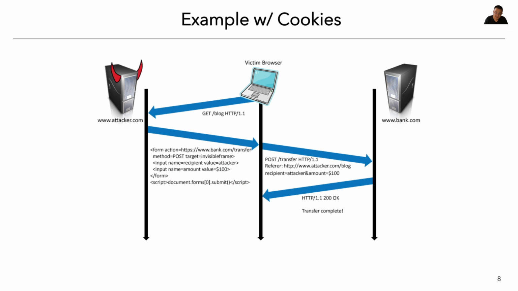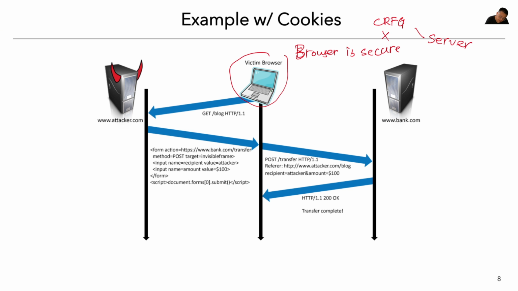Now here is a more detailed look at the example. So here is the victim browser. The browser itself is not vulnerable. It's not compromised. The browser, in this case, is secure. The cross-site request forgery is a vulnerability in the server.